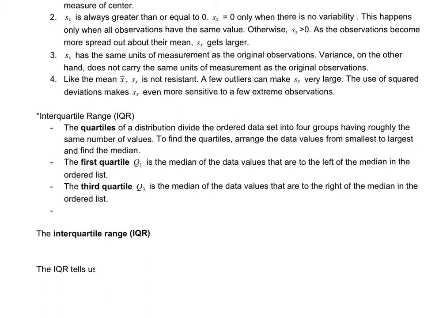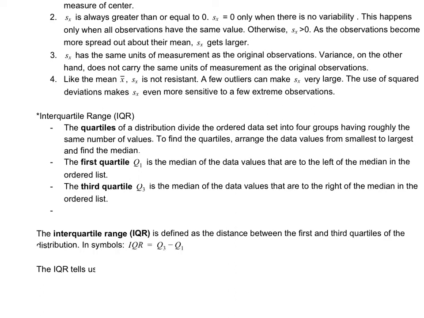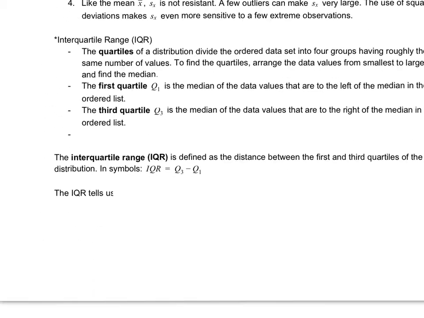The interquartile range, which is the actual measurement of variability or spread, is simply the difference between the first and third quartiles. So in symbols, the IQR is equivalent to the third quartile, Q3, minus the first quartile, Q1.